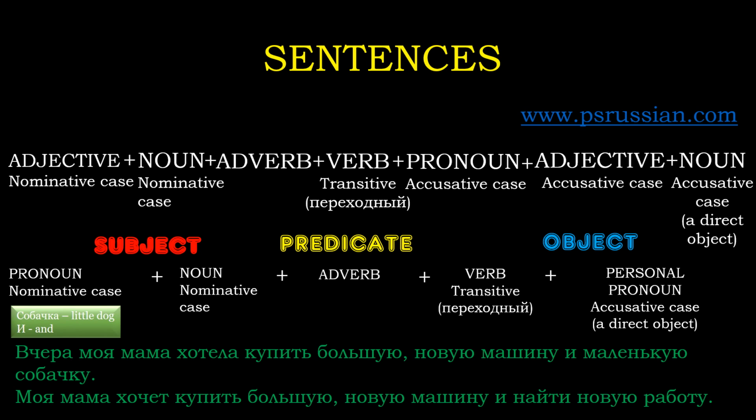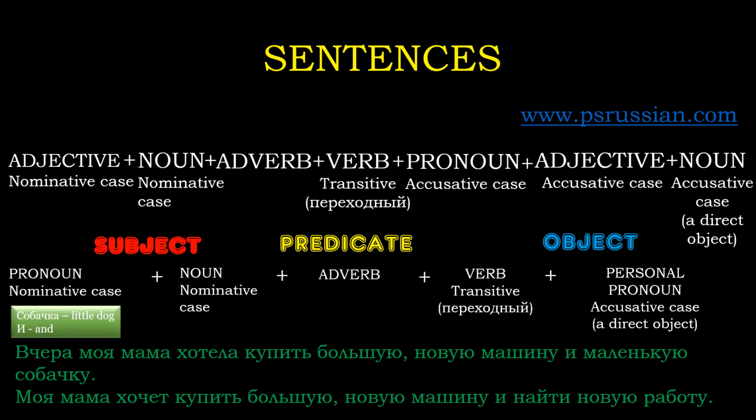For example, вчера моя мама хотела купить большую новую машину и маленькую собачку. As you see, we have a comma between first and second items of your list, and И, which is "and" in English, between second and the last item.